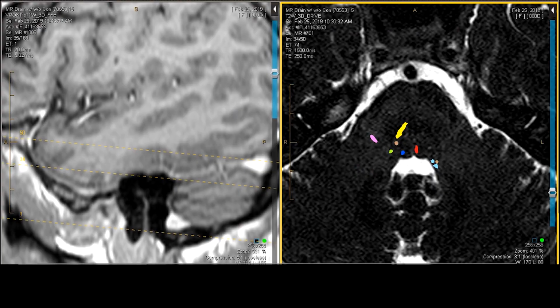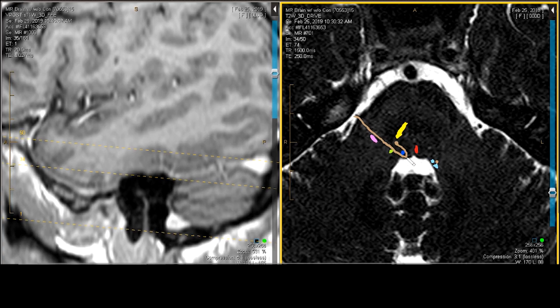7 has its nucleus, and the fibers then course posterior around the abducens nerve, pass in front of this green structure, which is the trigeminal and mesencephalic nucleus of 5, and then cross directly in front of the trapezoid body, which is part of the hearing or auditory pathway, before it leaves the station in the region of the cerebellopontine angle.